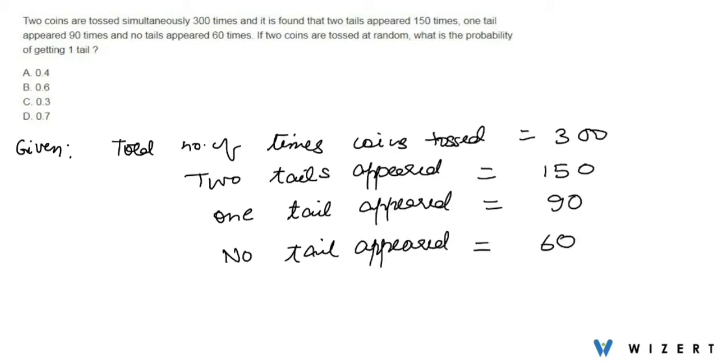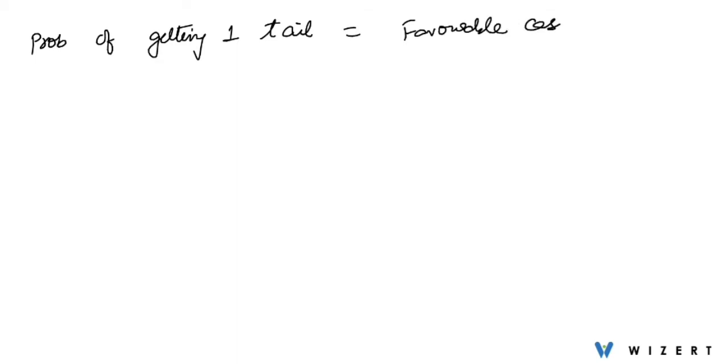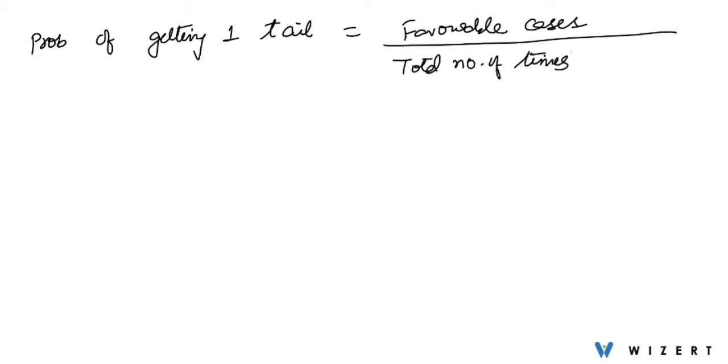Now we have to find the probability of getting one tail. Probability is calculated by favorable cases divided by the total number of cases, and the total number of cases here is the total number of times the coins were tossed. The favorable case here is the number of times of getting one tail.